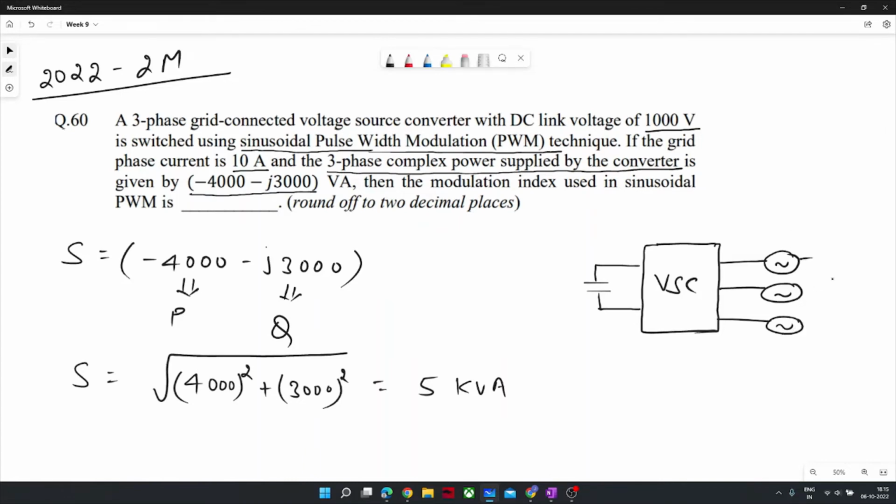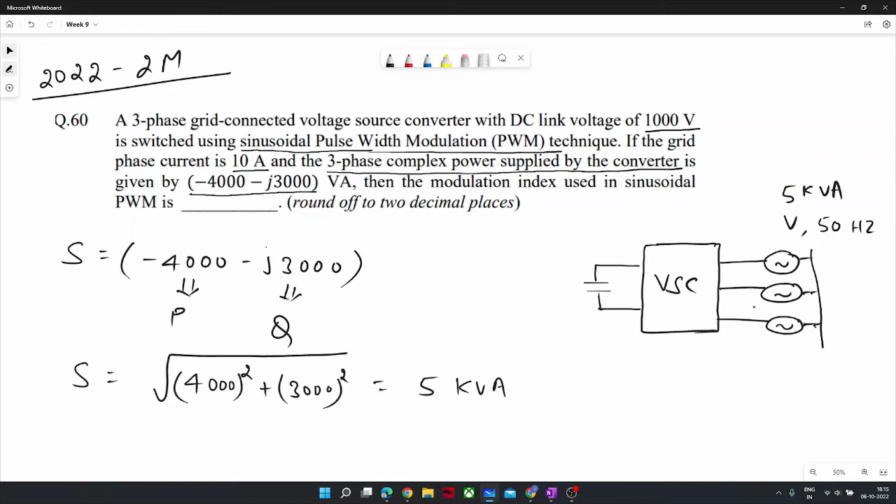So here this grid is supplied with some voltage. That voltage is not given, and its frequency would be 50 hertz or 60 hertz, and its rating is 5 kVA.